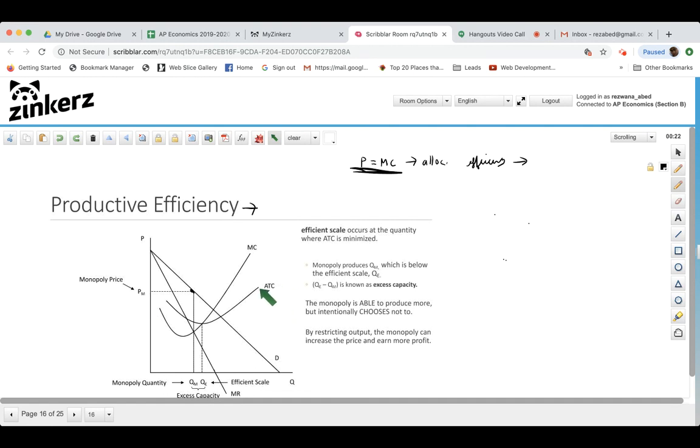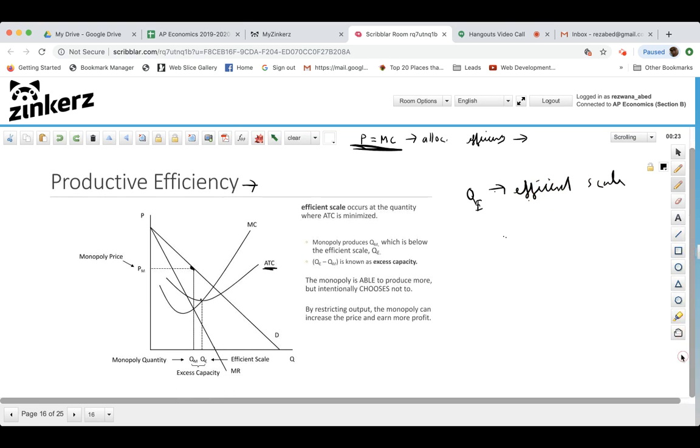But if they had been productively efficient, they would be producing a quantity where ATC is at its minimum. So this would be right here. This is how much they would produce. And this QE, we call this efficient scale, or you can think about it as efficient quantity or efficient size.